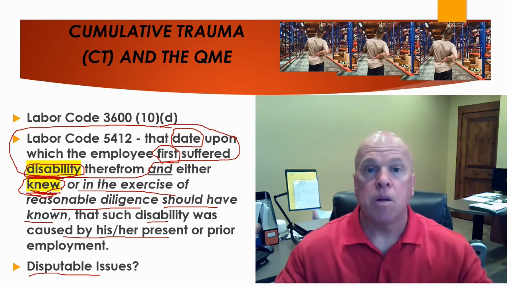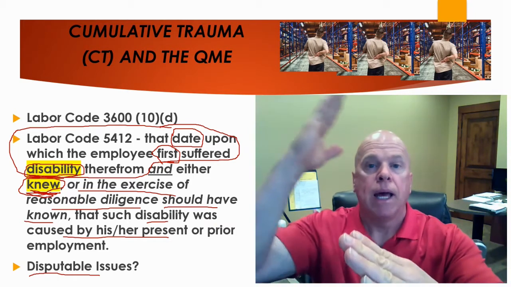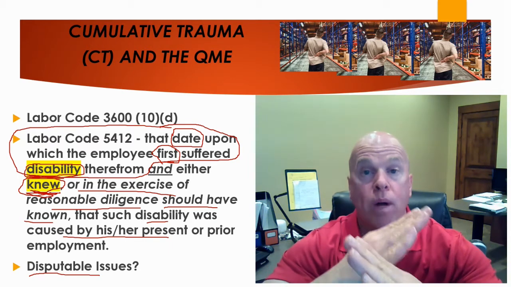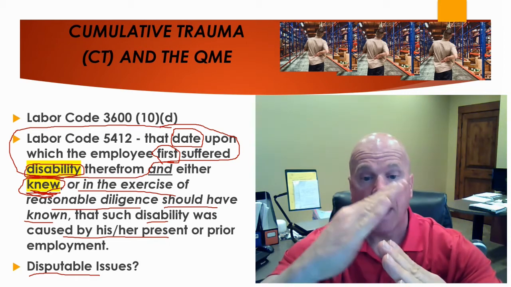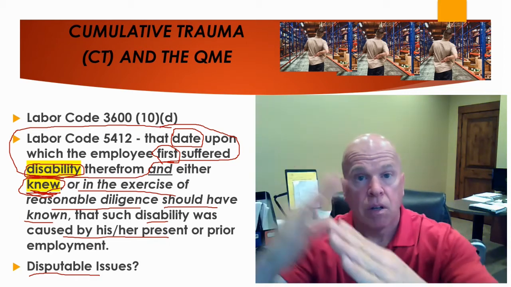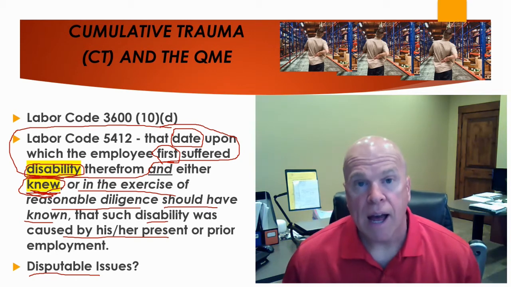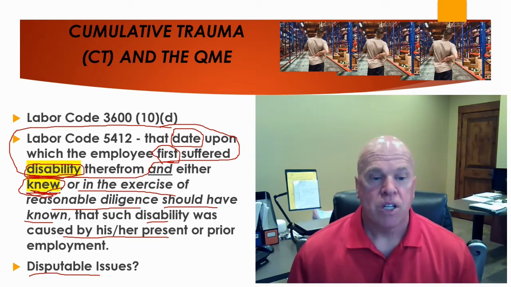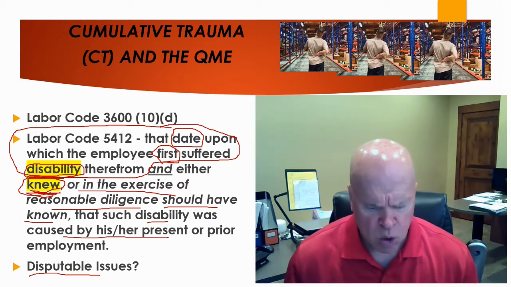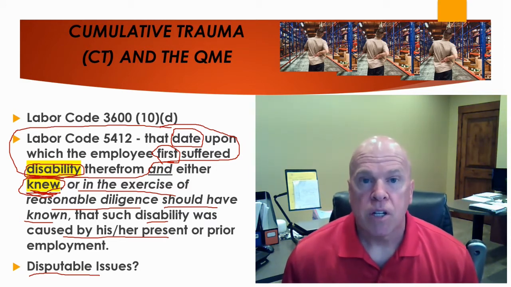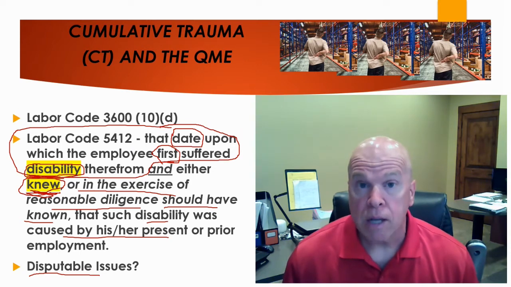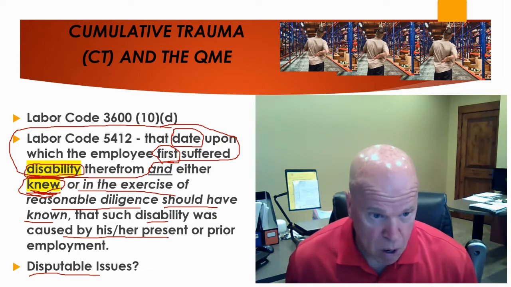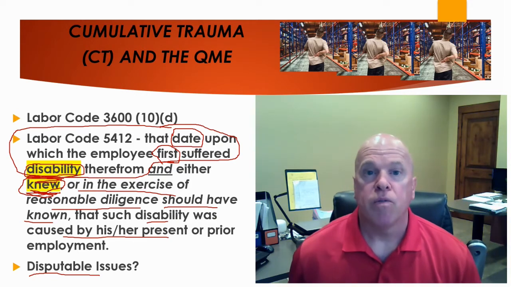When both of these independent factors, the disability and the knowledge of the disability being related to the workplace activities, coincide. And those can coincide at different dates. But they have to coincide to establish the date. So we're going to see how this plays out in 3 actual live cases. But first, let's talk a little bit about what the law has to say about what qualifies as the disability component of Labor Code 5412.